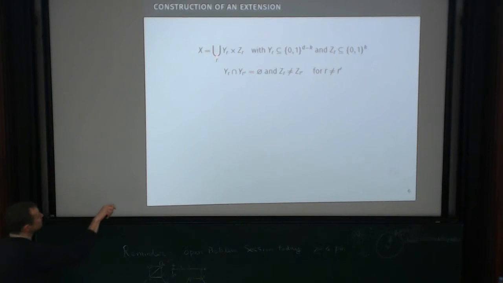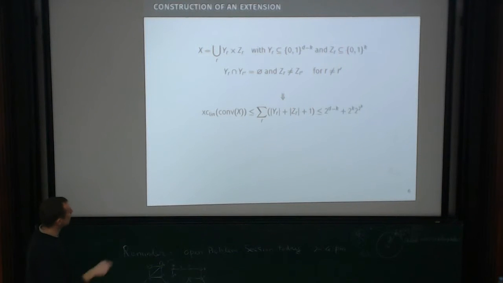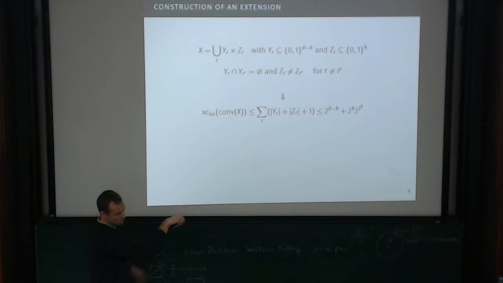And then we know that the extension complexity of such a Cartesian product is bounded from above by the sum of the 2 extension complexities. And then we know that the extension complexity of the convex hull of this set is bounded from above by its cardinality. So we write this down: the extension complexity of the convex hull of x is bounded from above by the sum of these cardinalities plus 1. This plus 1 comes from the disjunctive programming.